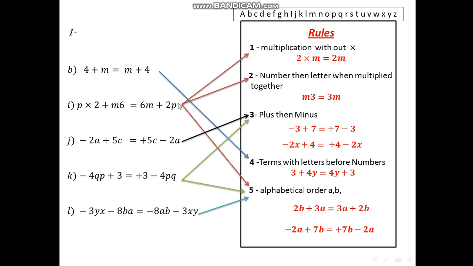So we see here the relationships. This one was rule 4, and the second equation was rules 1, 2, 5, and the third equation was rule 3, and the fourth equation was rules 3 and 5, and L is rule 5.